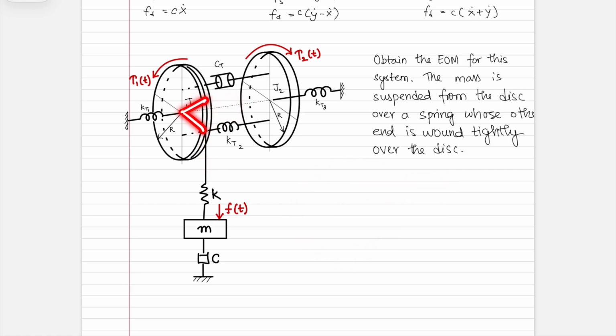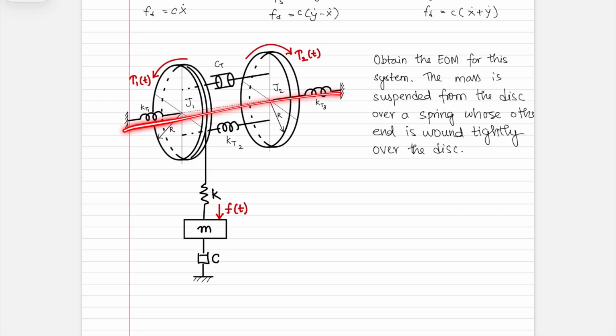So if it were to rotate by theta, then r theta would be the amount of string that's released over here, and that is essentially how much this end of the spring would move down by, assuming theta is in this direction. If theta was in the other direction, then this end of the spring would move up by r theta.